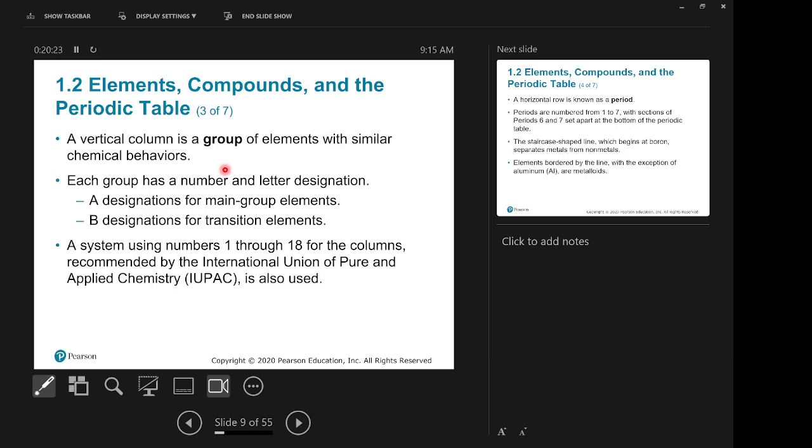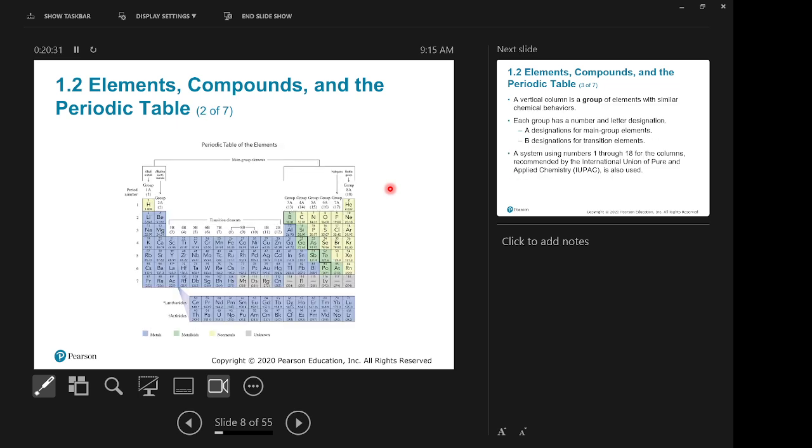All right. So each group has a number and letter designation. There's the A designation. These are the main group elements. Main group elements are this stuff right here, these, and these ones over here. Everybody see it okay? They're the more classical chemistry. They follow the classical chemistry rules more. And up to this point right here, you already have about 90% of the mass of the solar system.